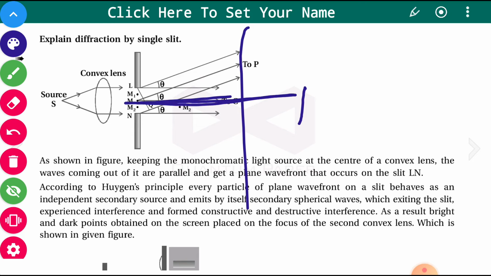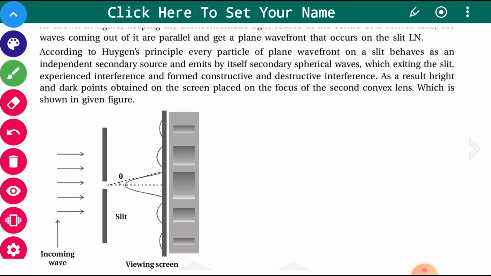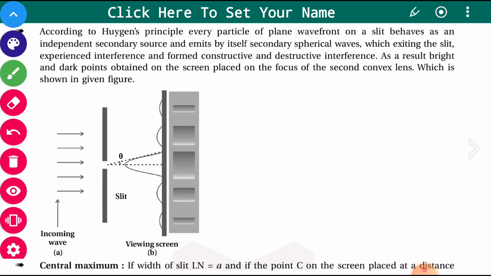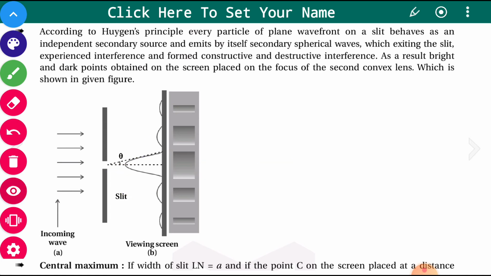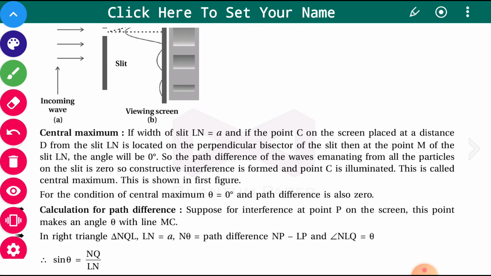There will be the brightest point at the center, then a dark point, then again a bright point. This way alternately bright and dark points are seen. At the center of the screen you get the maximum intensity, and as you go away from the center, the intensity of these bright spots gradually decreases.